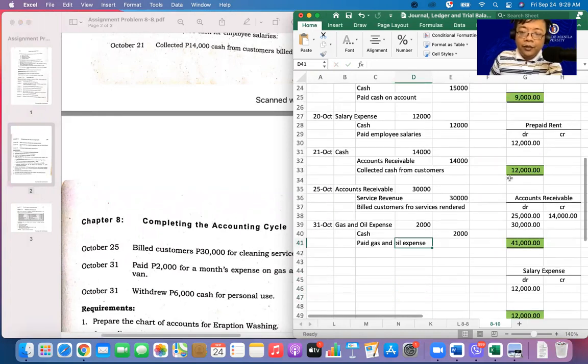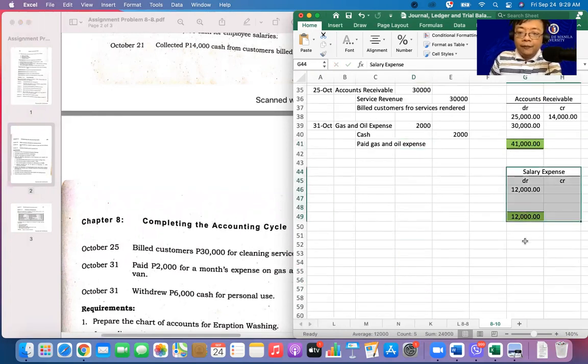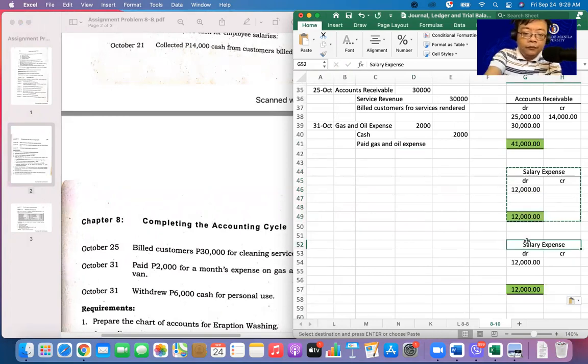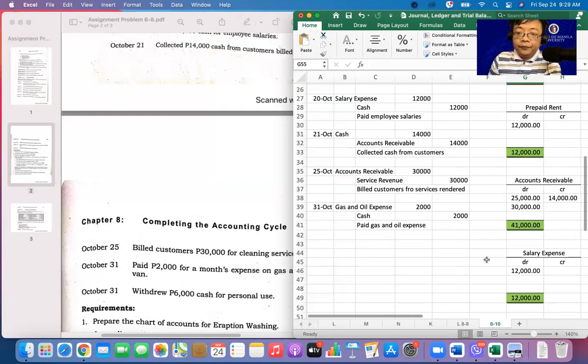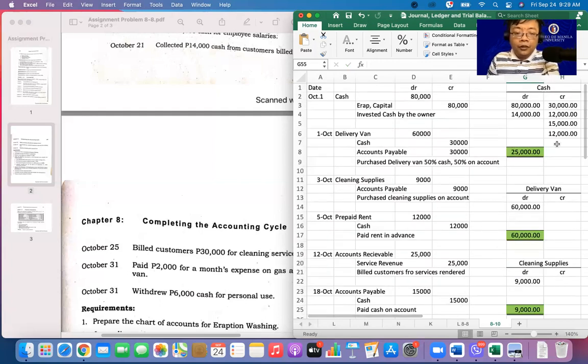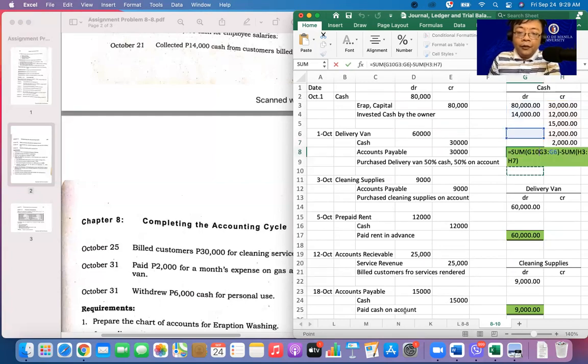So we have here gas and oil expense, and it is worth 2,000. And also we have here 2,000 here. So we have here 23,000.